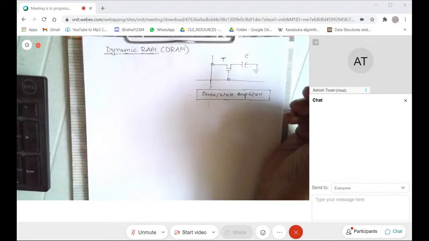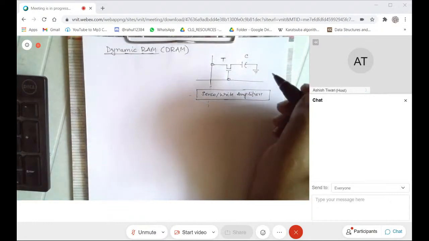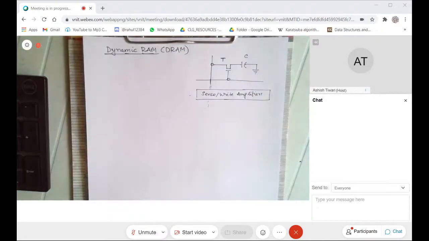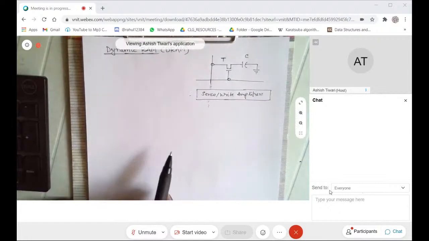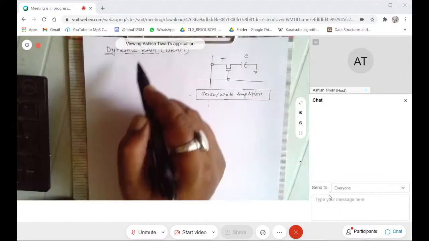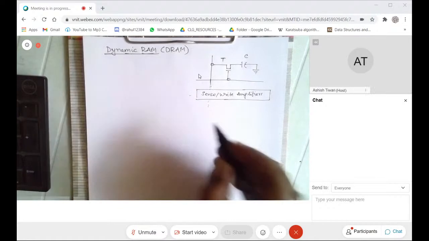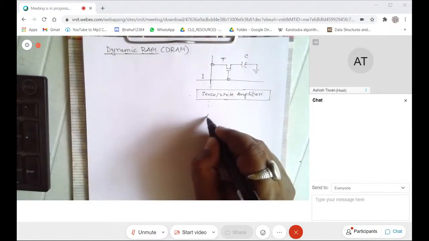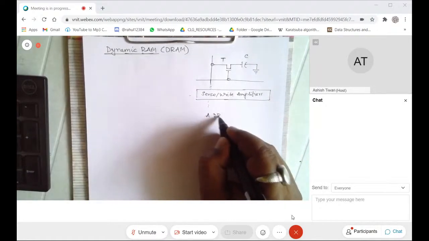So if you look at a dynamic RAM cell, called a DRAM cell, this is a DRAM cell.